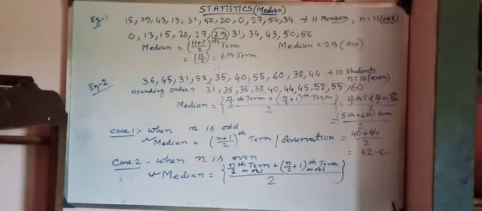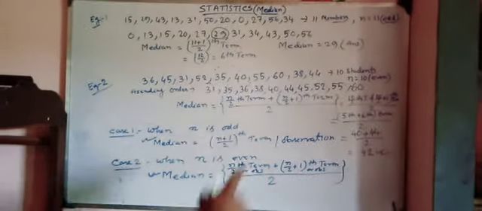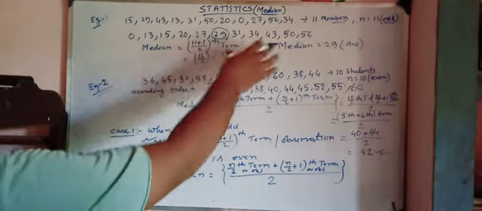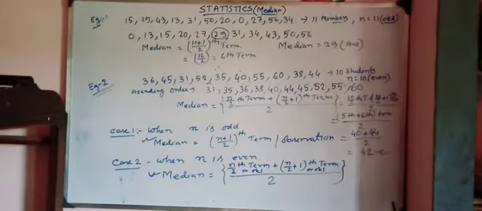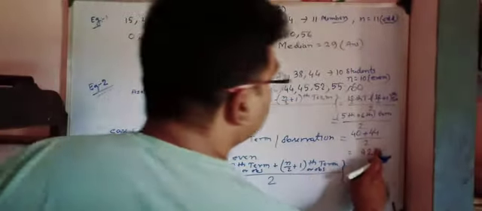Okay, so when n is even and when n is odd, we should go through this process. Understood that? So here the median should be 42 kg.